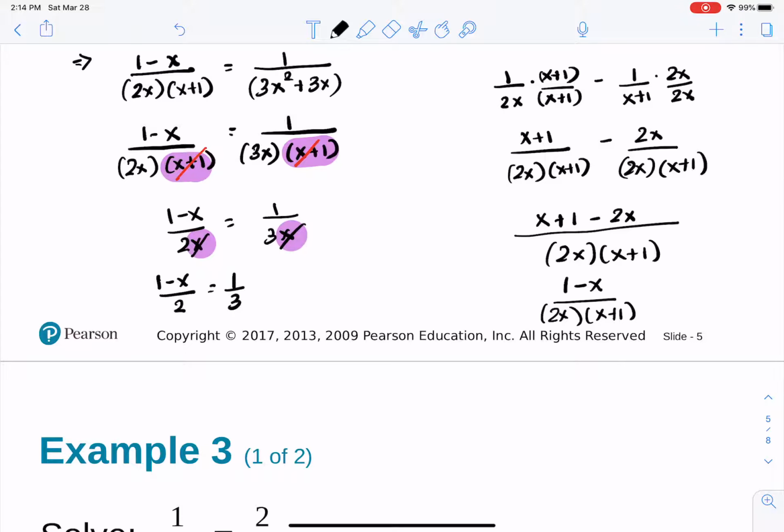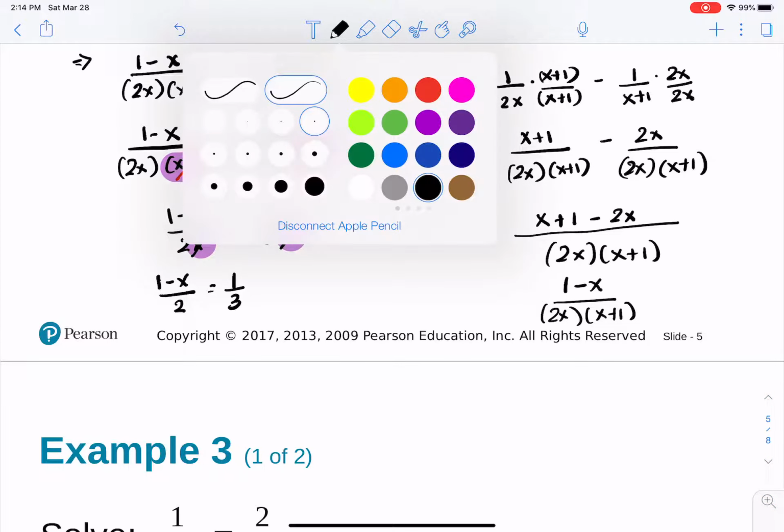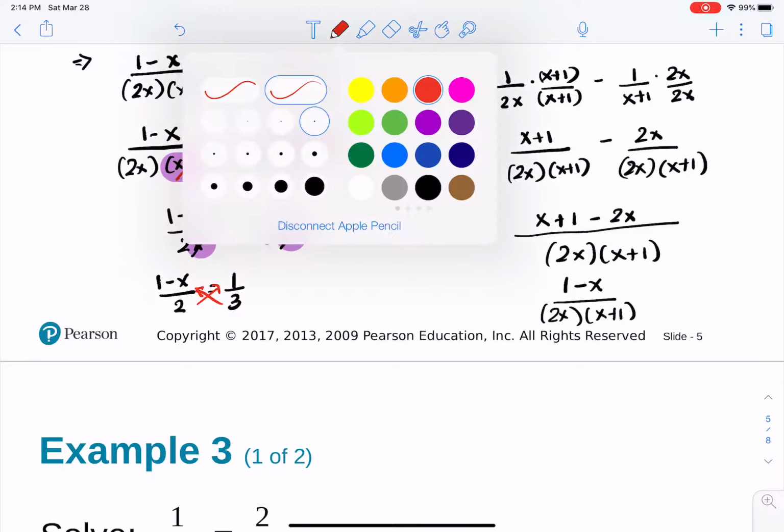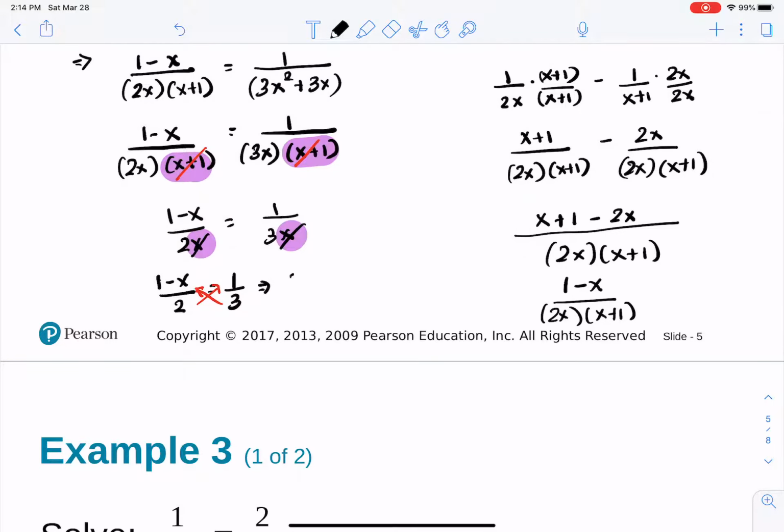We have simplified it really nicely, so now I could cross multiply to get 3 times 1 minus x equals 2 times 1, which would imply 3 minus 3x equals 2. Move all the x's to one side and numbers to the other. 3 minus 2 would equal 3x. 1 would equal 3x. This would imply x is 1 over 3.